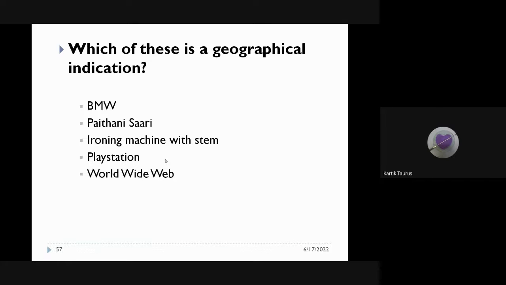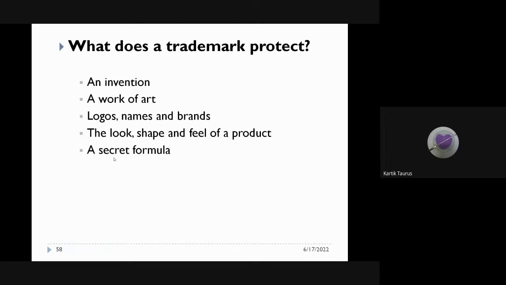Yeah, Paithani saris. So Paithani is a place. I think it's in Maharashtra, if I'm not wrong. So it's the Paithani sari which is the geographical indication. Nobody else in India except those manufacturers in Paithani can use the name Paithani sari in their products. Okay. So what does a trademark protect?